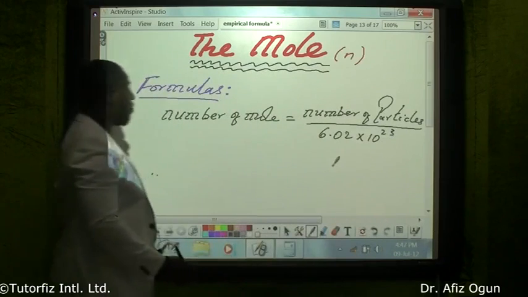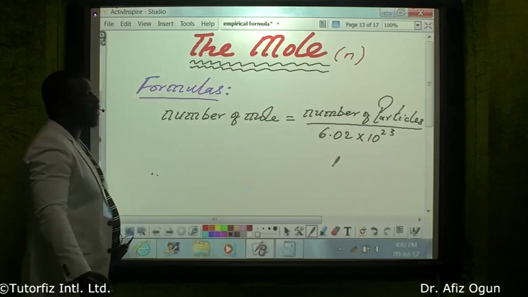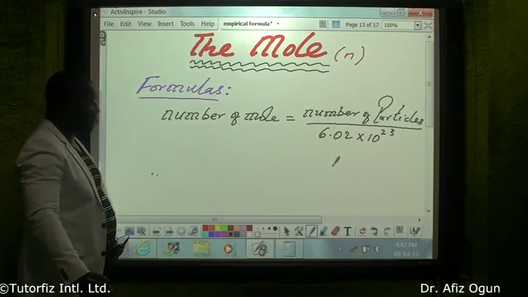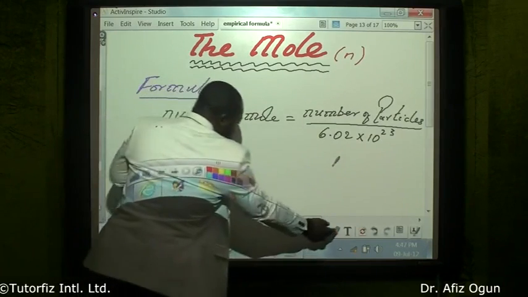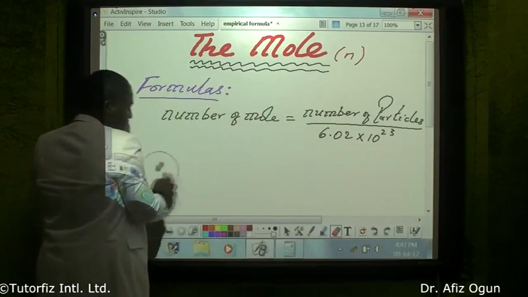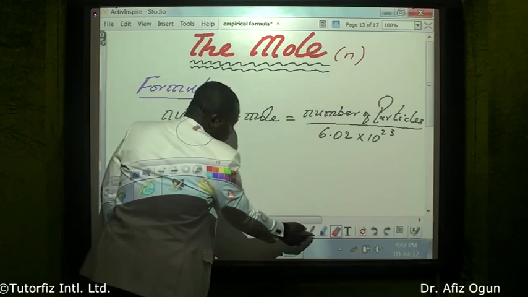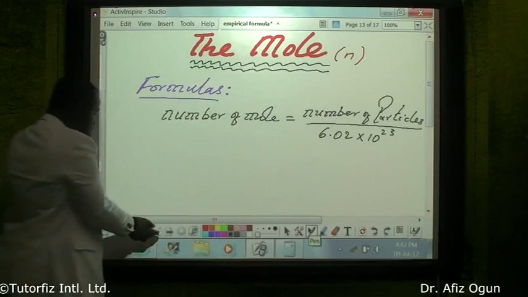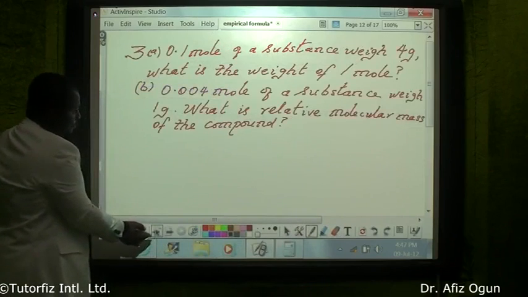Particles may be atoms, ions, or molecules. So we want to look at it in terms of the number of particles. Let's take some examples.